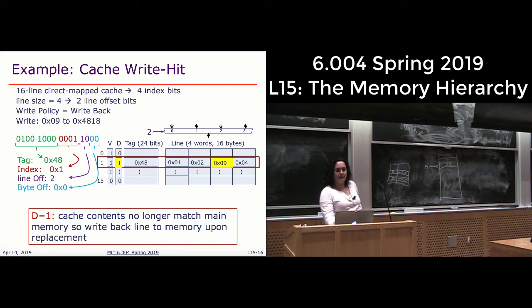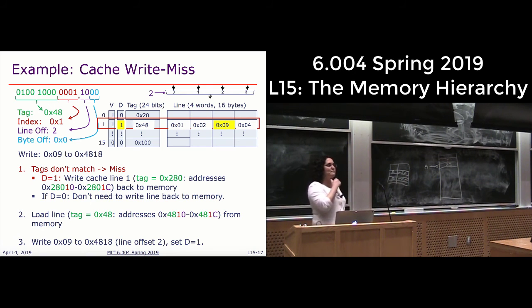And so I change that to a 9. Notice that I also changed the dirty bit to 1 to indicate that I've now written to this cache line. Okay? What that dirty bit means is that upon replacement, I'm going to have to write this cache line back to memory. So now let's take a look at an example of a miss.